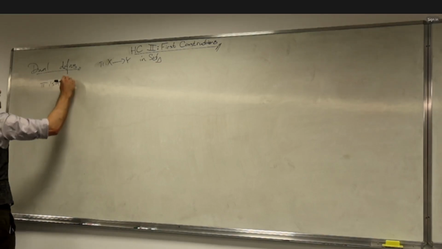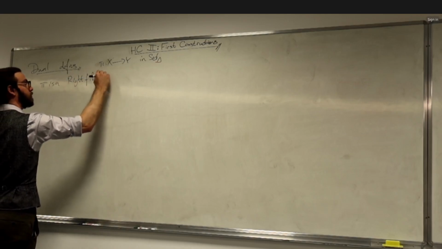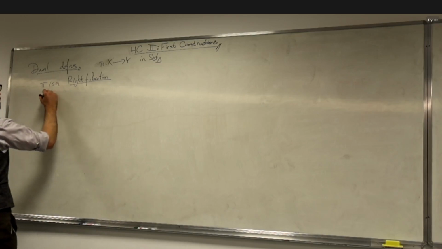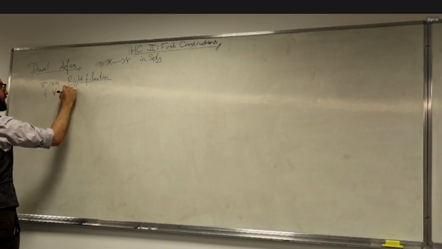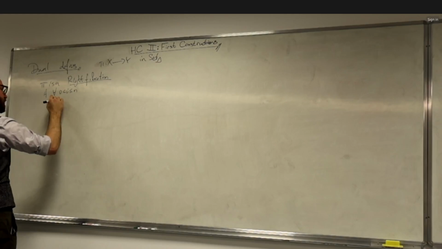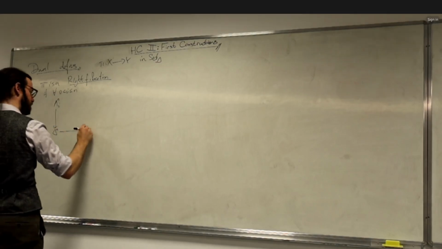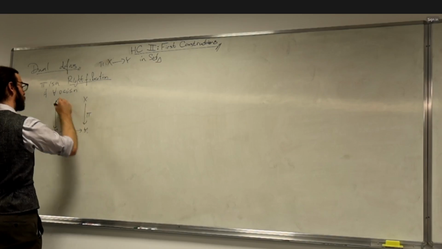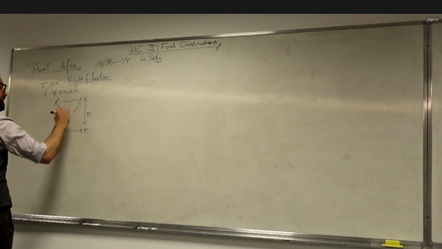Pi is a right fibration, which I'll often abbreviate as RFib, if for any 0 less than I less than or equal to n, we can solve this lifting problem. So this lift exists.